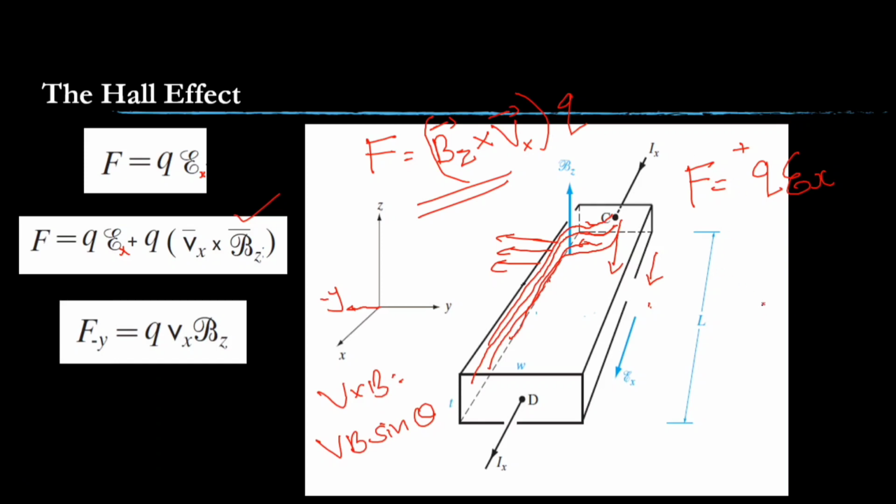Velocity is in this direction Vx, and magnetic field in this direction Bz. The force is in the direction minus y. Okay, this is the Lorentz force. The equation of the Lorentz force is V cross B. The angle between these two is 90, so sin 90 is equal to 1. So I can write the force experienced by the hole in the direction of minus y as Q into Vx into Bz. This x and z represent the direction.